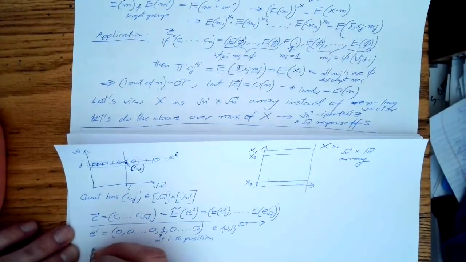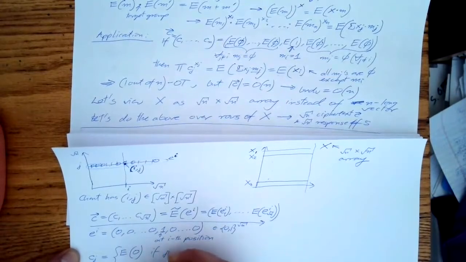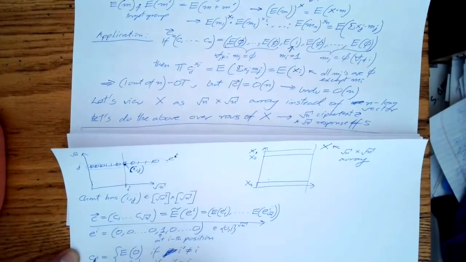So what's the property of the ciphertext? CJ is either an encryption of 0 if J is, so let's call it I prime, if I prime is not I, or it's an encryption of 1 if I prime is I, right?